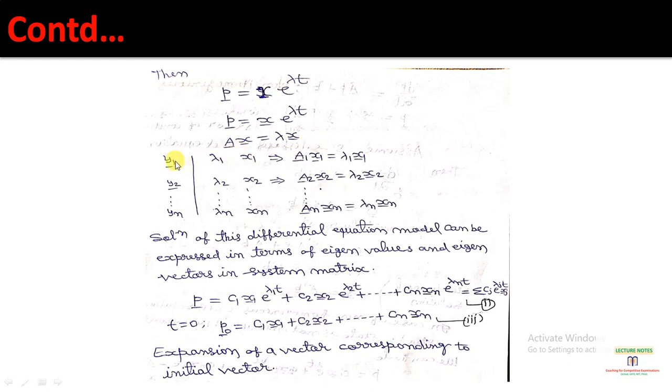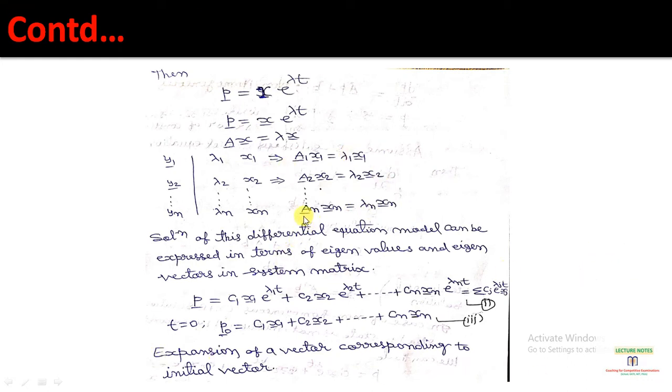So we are writing y1, y2, y3, and lambda 1, lambda 2, lambda n, and x1, x2, xn, the different solutions of this equation. So this we can write in this form: A x1 equals lambda 1 x1, and A xn equals lambda n xn.